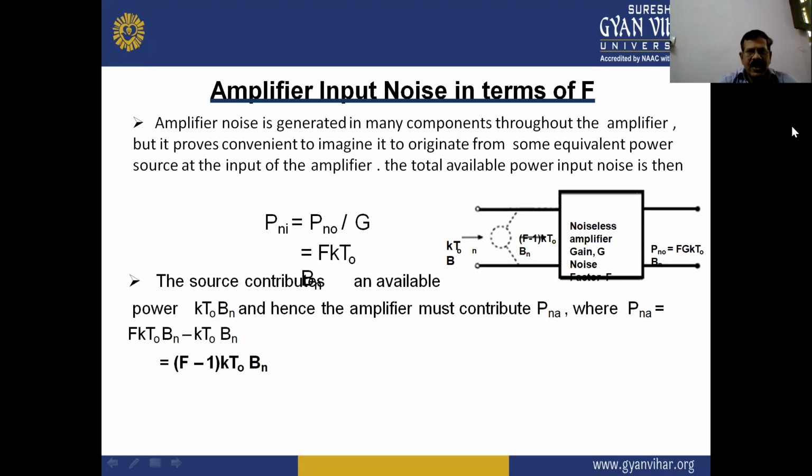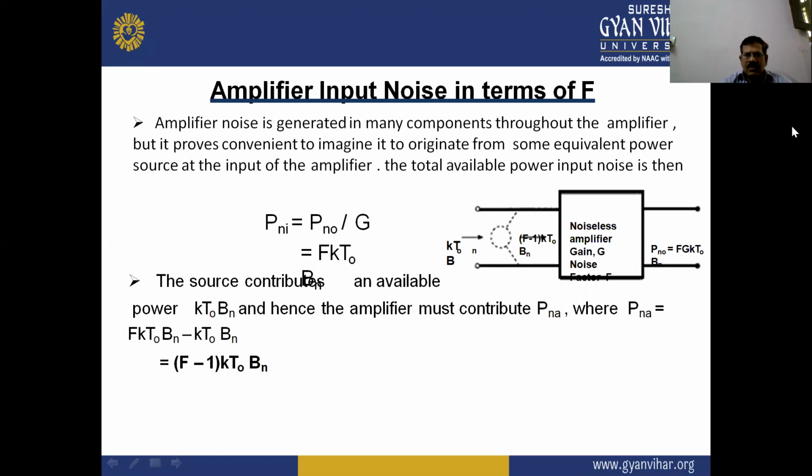Amplifier input noise in terms of F: amplifier noise is generated in many components throughout the amplifier. It proves convenient to imagine it to originate from some equivalent power source at the input of the amplifier.